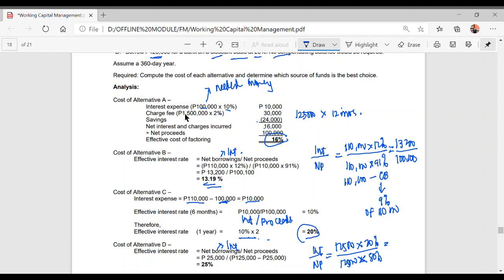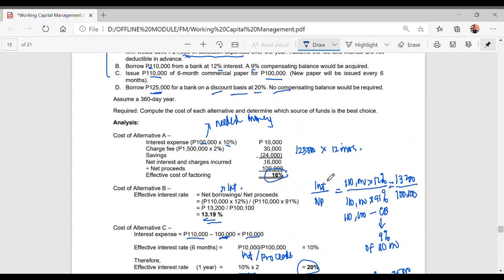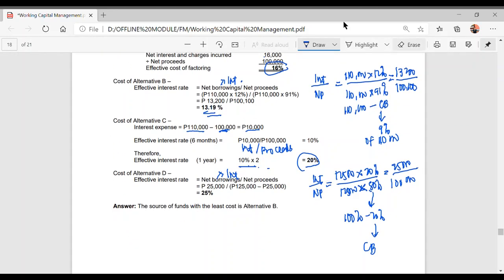So 125 times 20 is 25,000, and 125 times 80 is 100. So that's 25 divided by 100, that's 25%. Why is this 80%? Because 100 minus 20%, this is our discount interest.